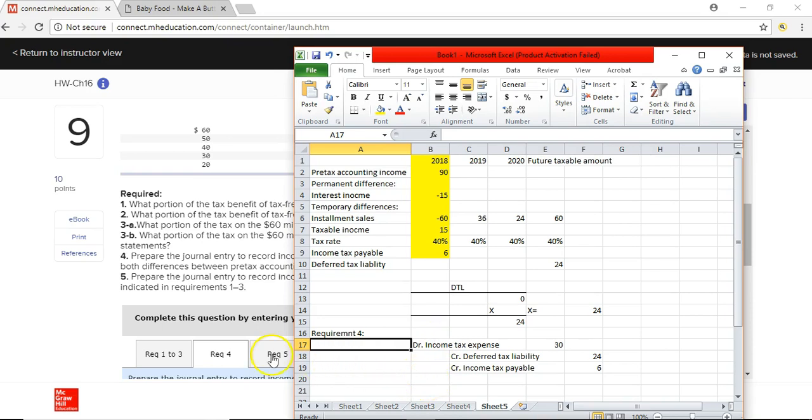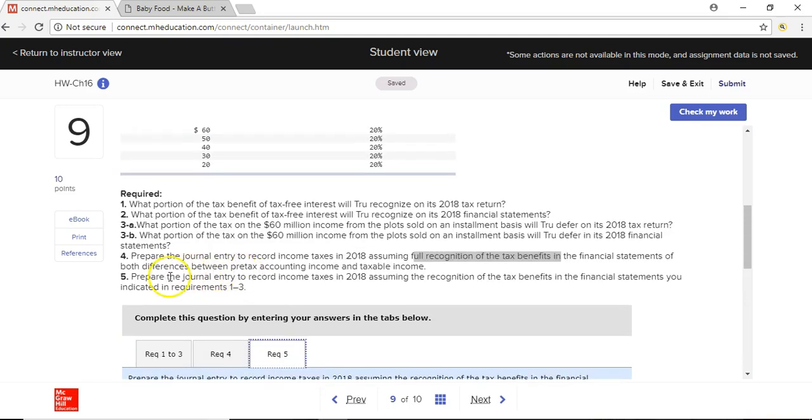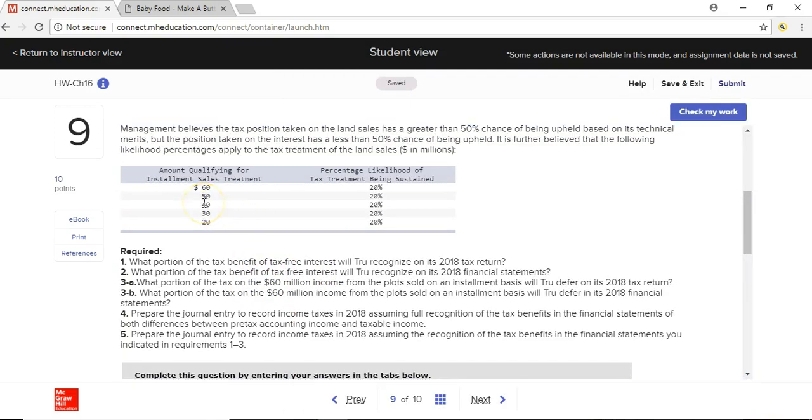And then requirement 5 says, prepare the journal entry to record income taxes in 2018, assuming the recognition of the tax benefits in the financial statements, as you indicated in requirements 1, 2, 3, not the tax form. So on the financial statements, $15 million of interest income is not tax deductible, and only 40 out of $60 million can be deferred.